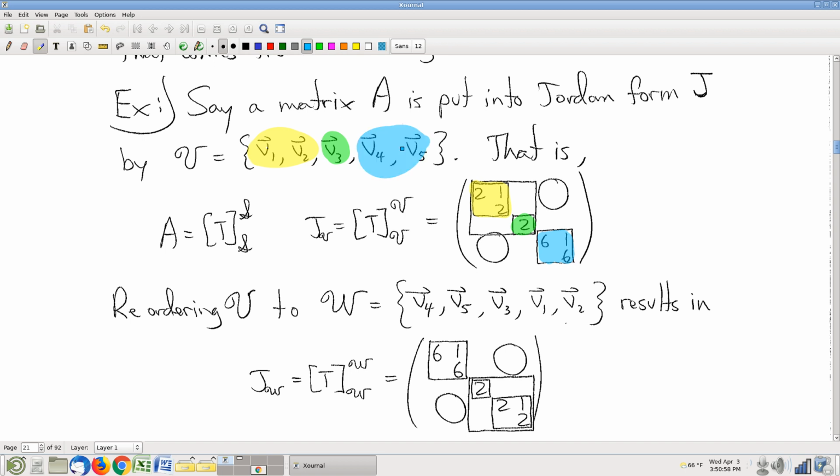Okay. Now, notice what I've done. I made a very careful choice here of exactly how to reorder these basis vectors. Notice the 2 blue ones stay together. The 2 yellow ones stay together. I've reordered the partitioned bases. But the V4 and the V5 stay together, and they stay in that order.